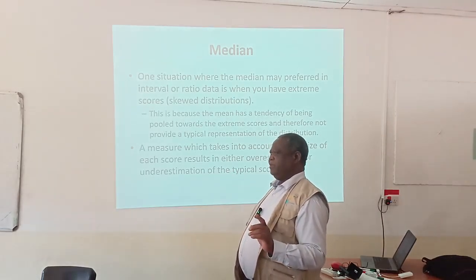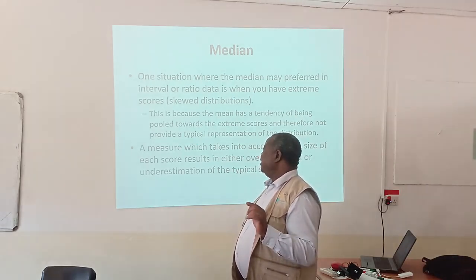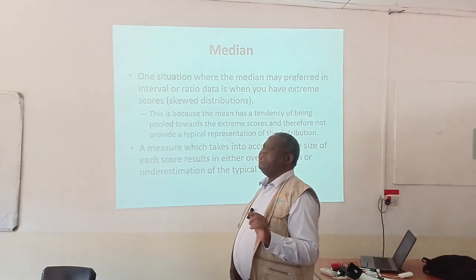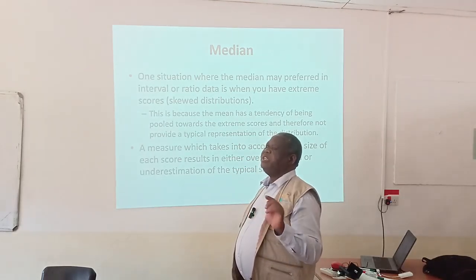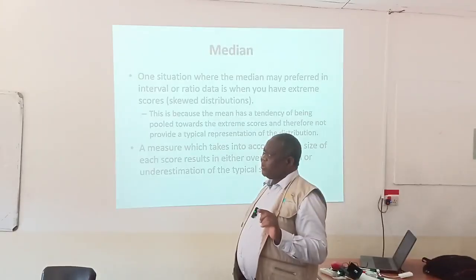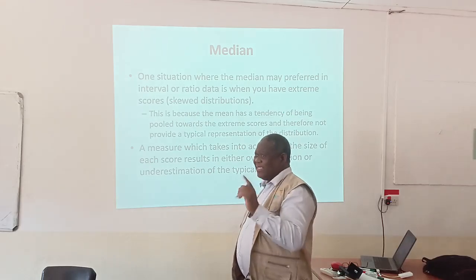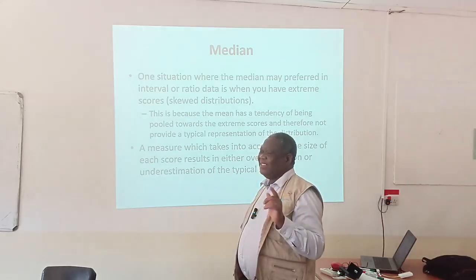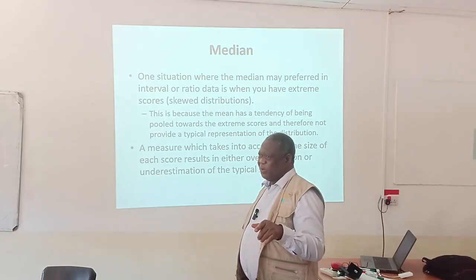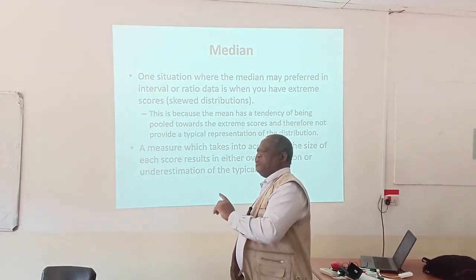Because in a skewed distribution, the mean tends to be influenced by the value of each and every score. So the scores which are outliers in that distribution will pull the mean towards the direction of skewness.